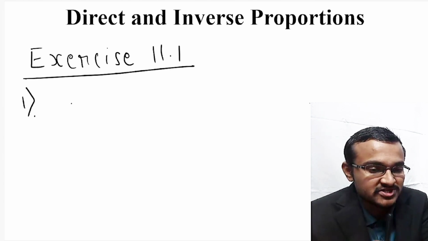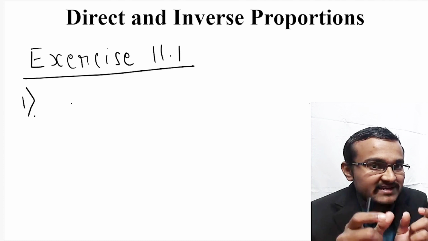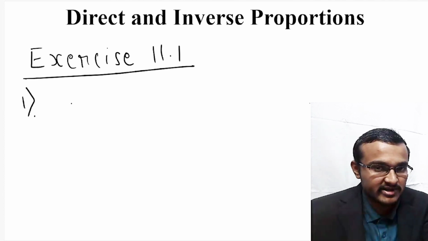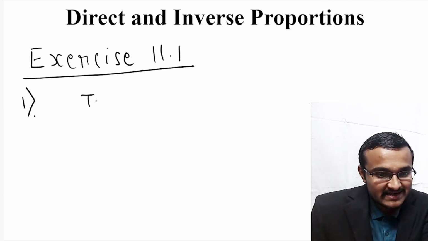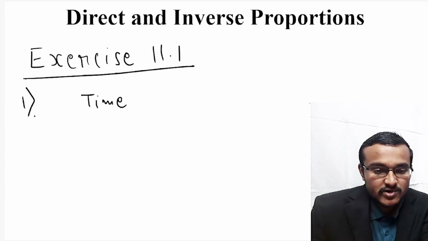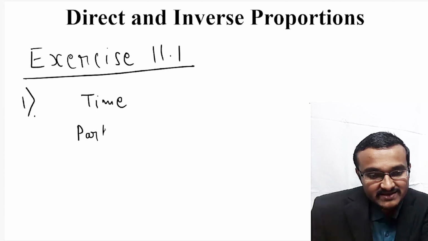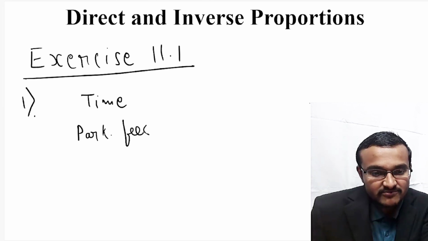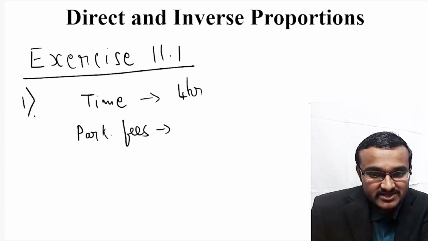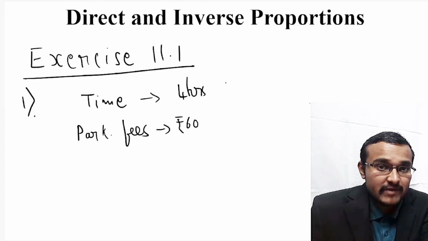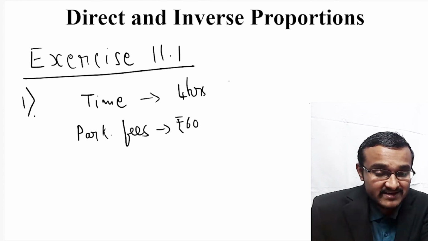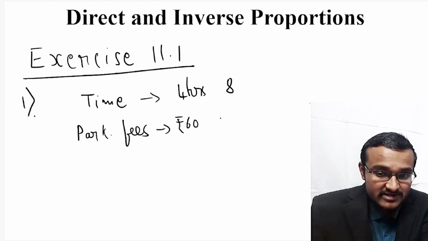In the first question, they have given parking fees for different time periods. Let me take time as one physical quantity, and there are parking fees for a particular time period. If you are parking a vehicle for 4 hours, then the parking fees will be 60 rupees. If you are parking this vehicle for 8 hours, the parking fees will be 100 rupees.